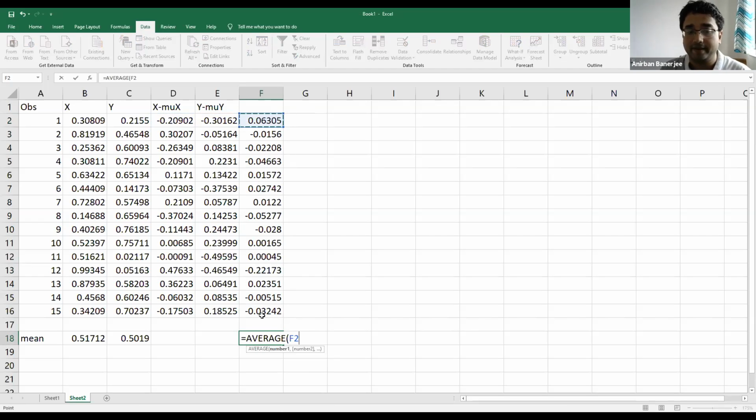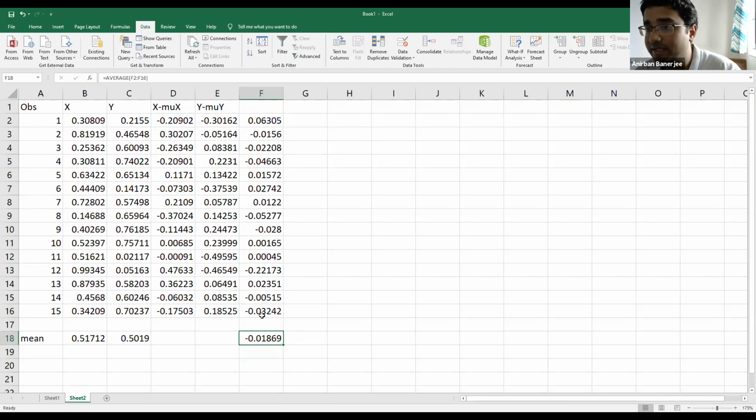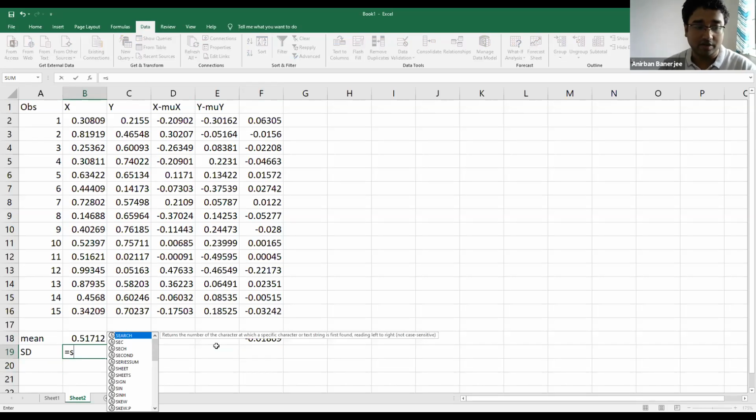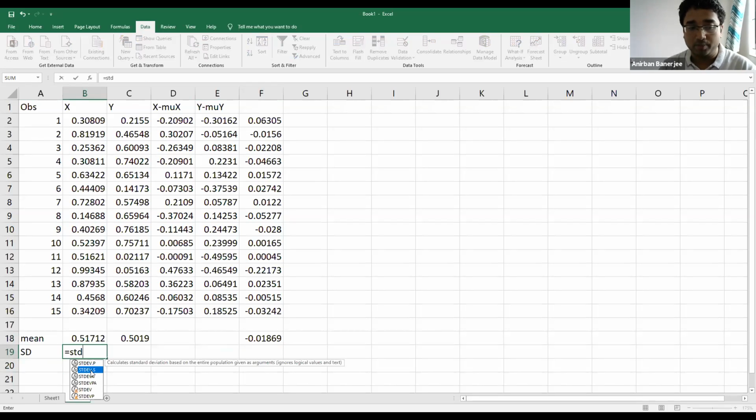Now covariance in itself is a scale dependent parameter. So to make it scale independent, we use correlation. So we need the mean and standard deviation. STDEV, sample or population? This is the sample standard deviation.